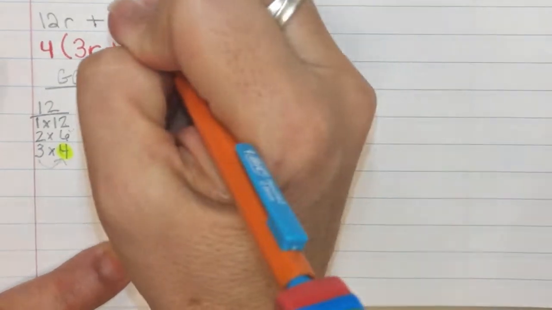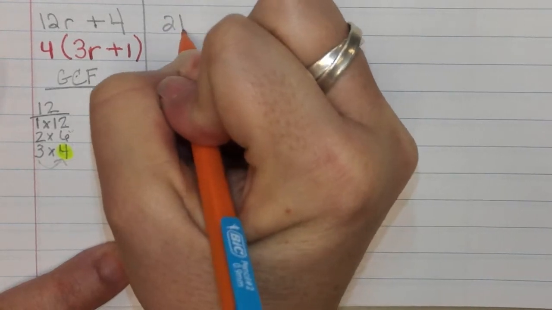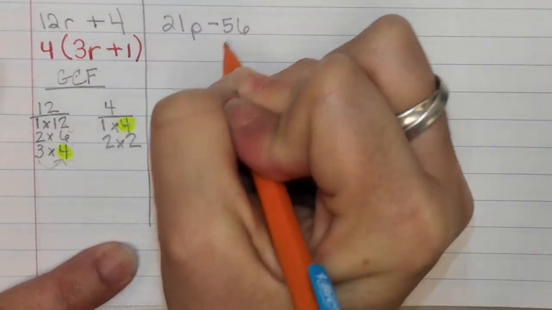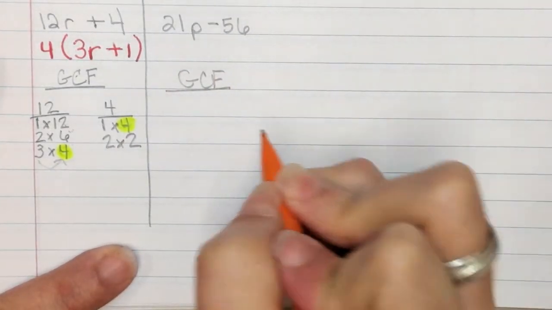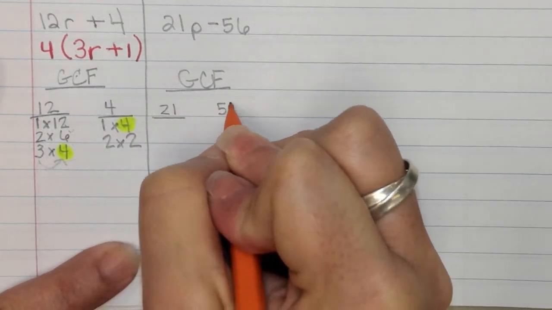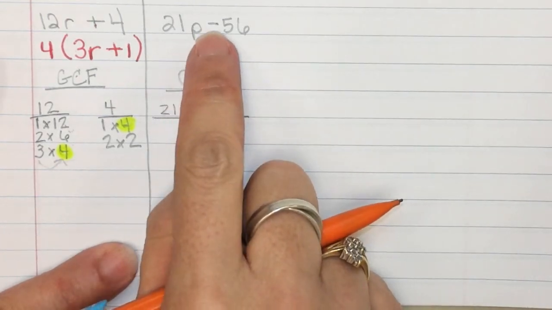Okay, so let's try another one. Let's say we have 21p minus 56.